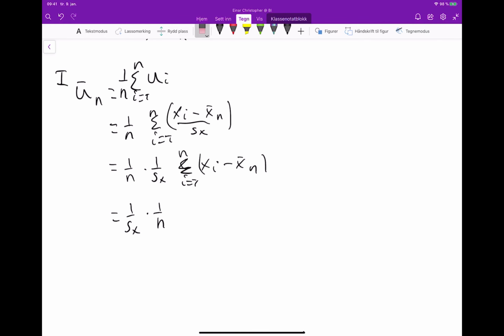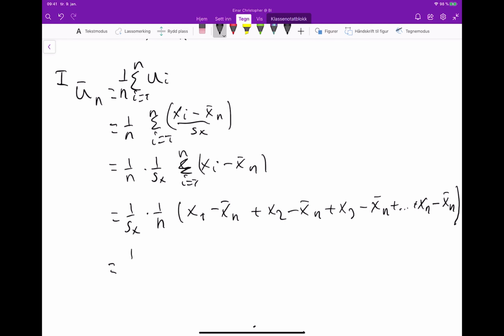Now we don't write the sum, but we write the sum in its respective terms: x1 minus x bar n plus x2 minus x bar n plus, and then when i is 3, x3 minus x bar n, and in the end plus dot dot dot plus xn minus x bar n.